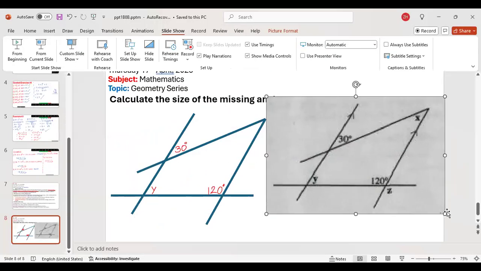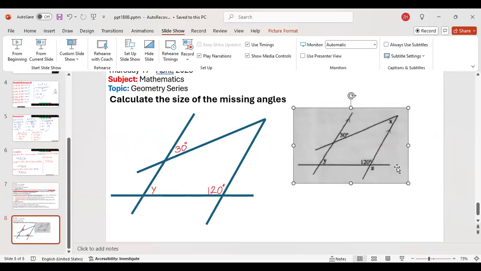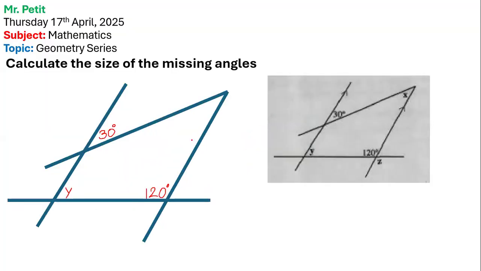And then X. So this right there is X. And this right here is Z. Okay.